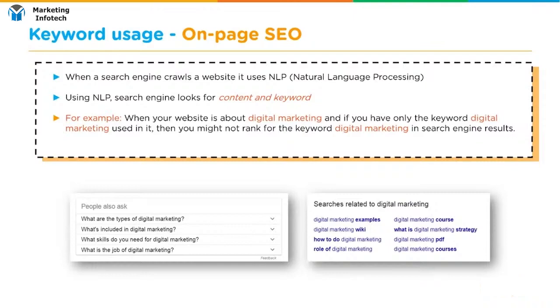So instead of the keyword digital marketing, maybe we want to talk about the types of digital marketing, or digital marketing examples, or what is a digital marketing strategy, or how to become a digital marketing specialist. So those are all relevant keywords to digital marketing and more relevant to the content. Because if you try to rank for the keyword digital marketing, again, it's probably going to be a little bit broad, probably more competition, and not as relevant to your content.